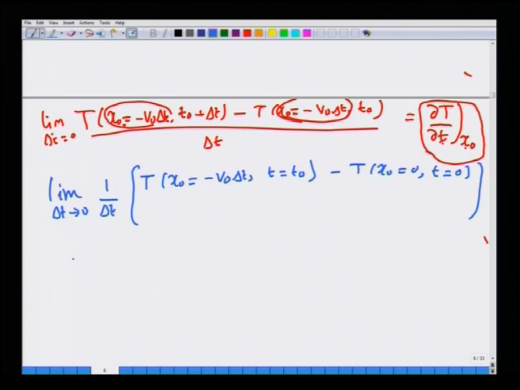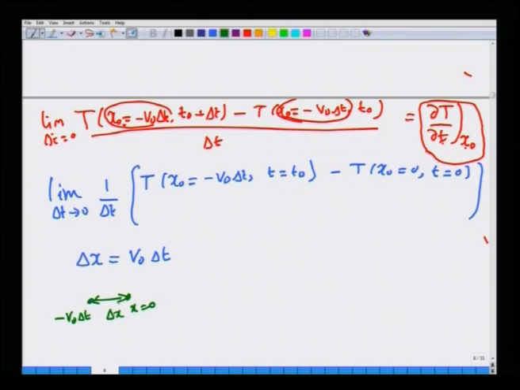Now, suppose you consider the change in position delta x. Delta x is nothing but v 0 delta t. Recall that the two points are separated by a distance delta x: x equal to 0, and this earlier position, which is minus v 0 delta t.